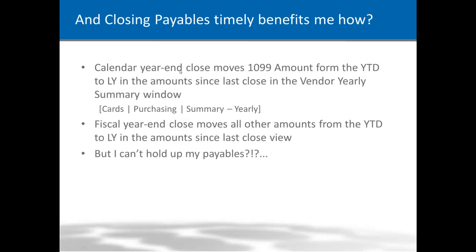Calendar year-end moves the 1099 amounts from the year-to-date and last year in the amount since last closed vendor yearly summary window. And then fiscal year-end moves all the other amounts from the year-to-date to last year in the amount since last closed windows. So I can't hold up my payables.